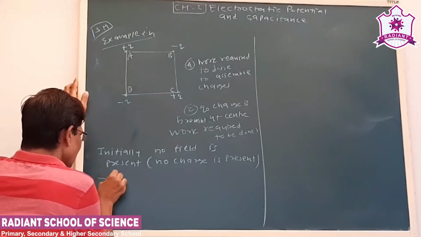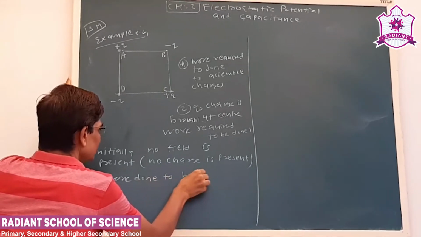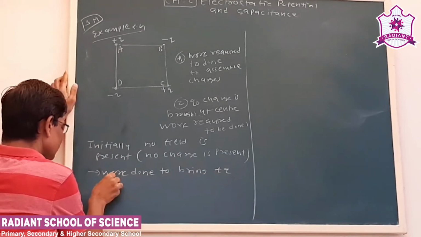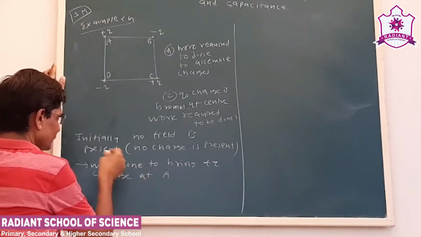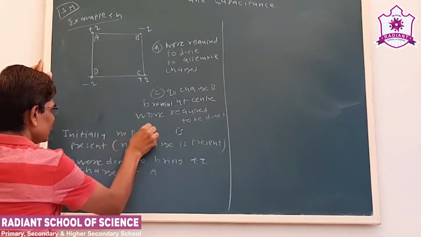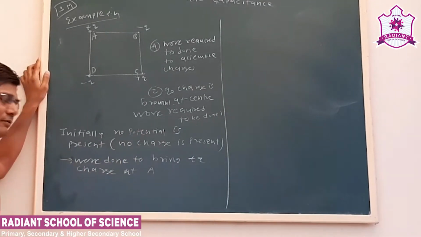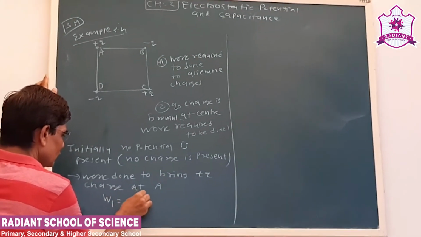So the work done to bring plus Q charge at A, we can write, initially no potential. So W1 is equal to plus Q times potential, which is 0.